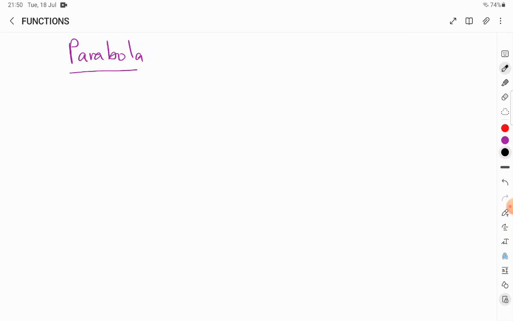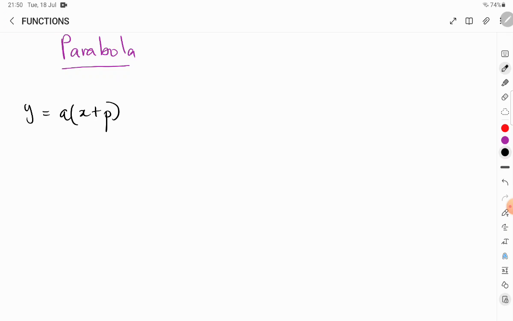So a parabola can actually be written in three different ways. One where you could just write it as y is equal to a(x + p)² + q, or you can write it as ax² + bx + c.